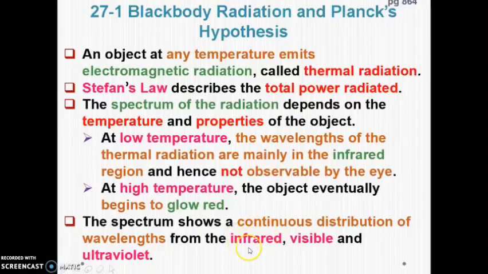When you compare infrared, visible, and ultraviolet, infrared has the longer wavelength compared to the ultraviolet. Due to Stefan's law, at low temperature, the wavelength is in the infrared region, so this is a longer wavelength.